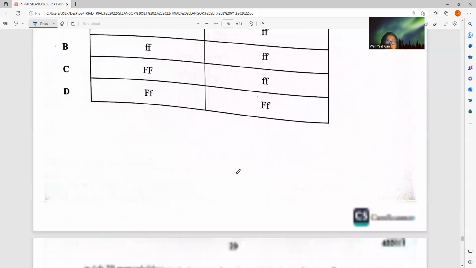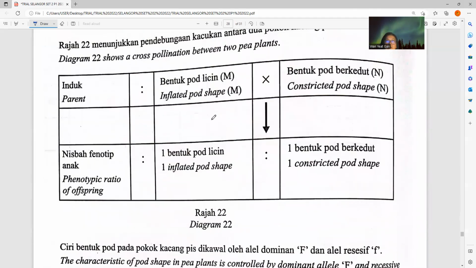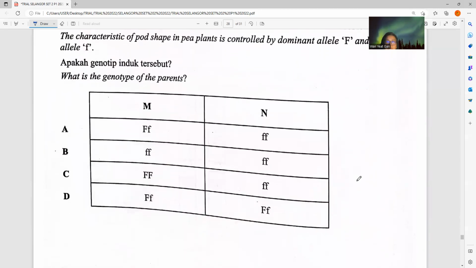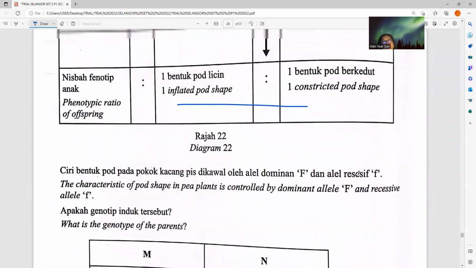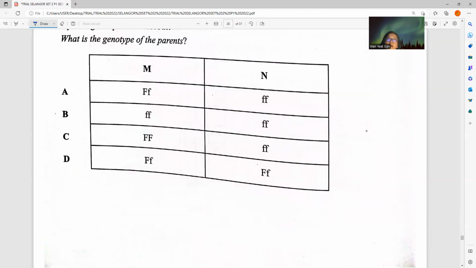Okay, next, you have a cross-pollination between two pea plants that results in the ratio of 1:1. So what is the genotype of the parents? You can try out all and see which one is the answer. Okay, so I'm going to take the first one here.